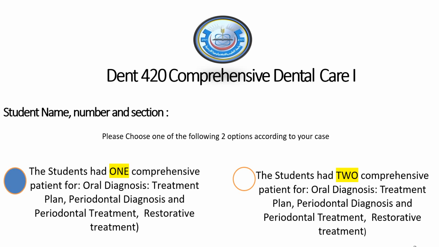The 2 comprehensive patients, it means that at the cons level in the second clinic, the student did not show. But if the student had one cons clinic done for his main patient, it means he finished the requirements for this course as comprehensive dental care.